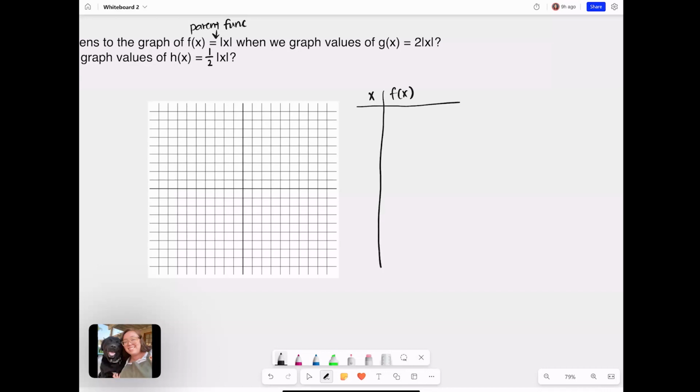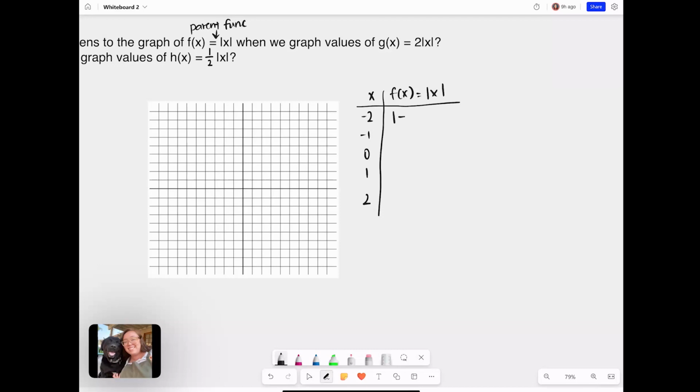I'm going to stick with my regular values: -2, -1, 0, 1, 2. I do know that I can plug in a lot more than that. Again, domain is all real numbers, but I know that these are helpful ones. You want to get to a place where you can see this absolute value function, know what it looks like, and have a good idea of what you should plug in. That's the goal.